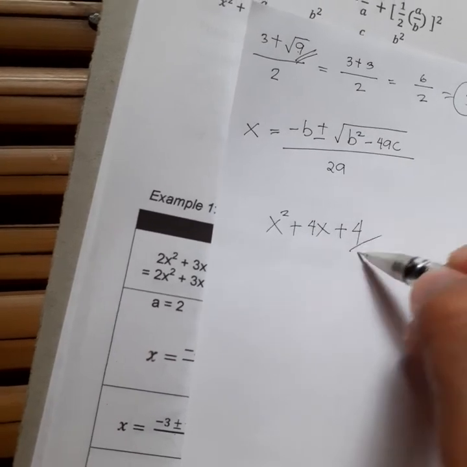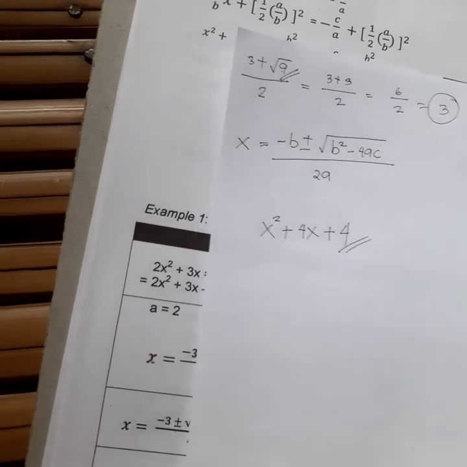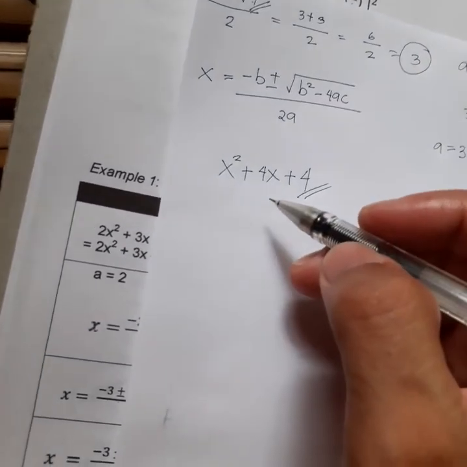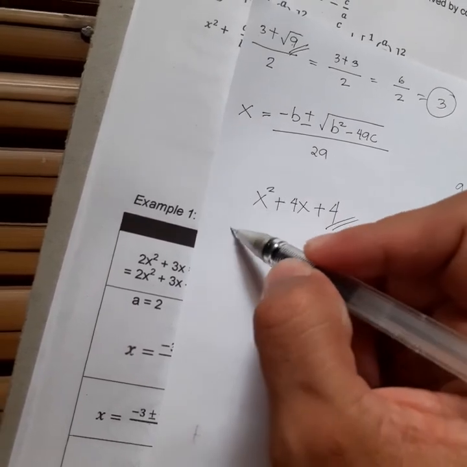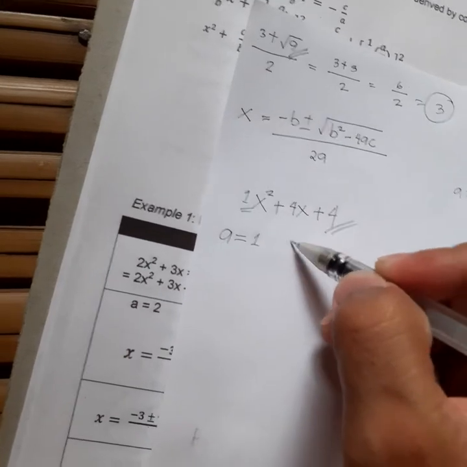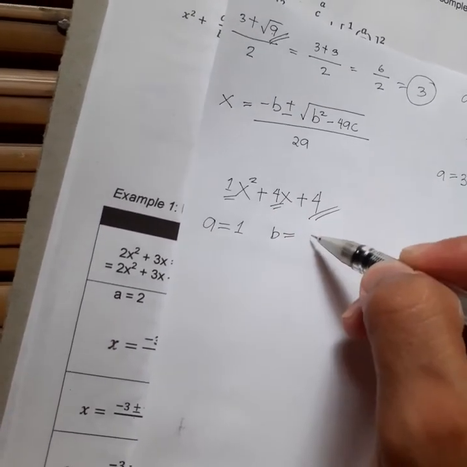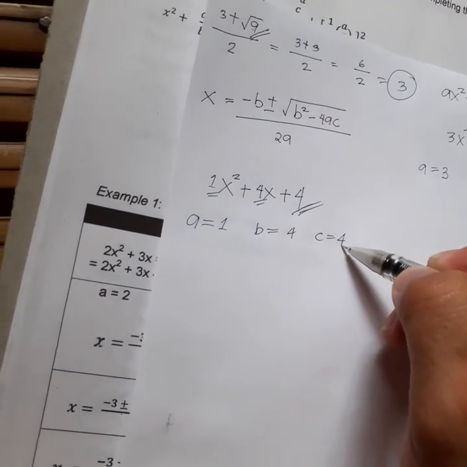Then simply we can solve that one. What is a? Since the coefficient of x squared is imaginary 1, a is 1. How about our b? We have 4. And our c is also 4.